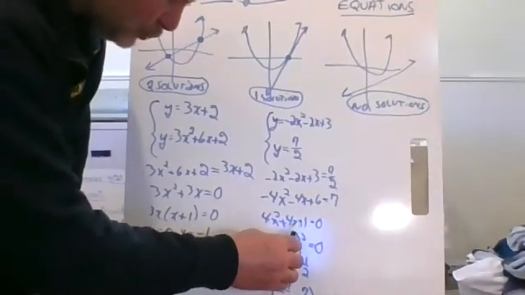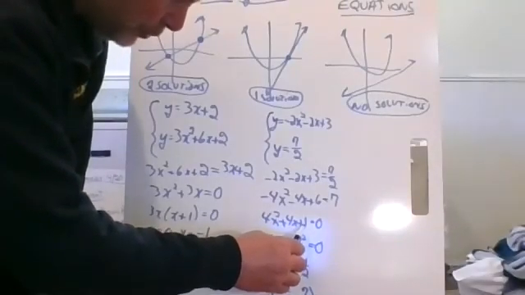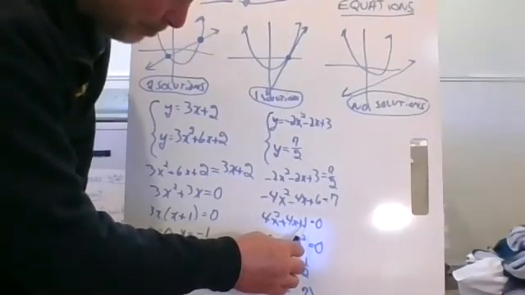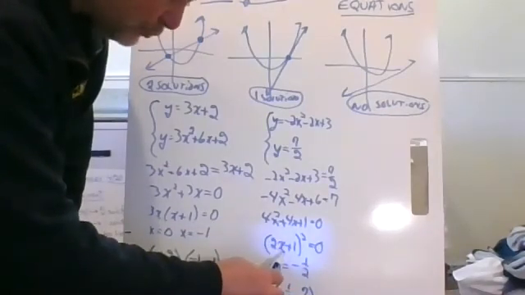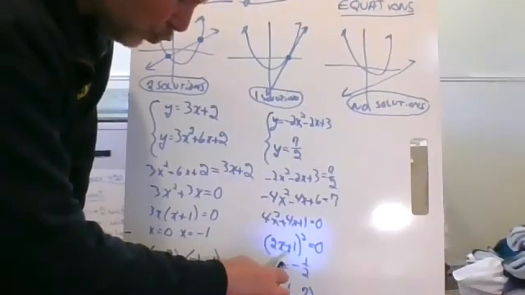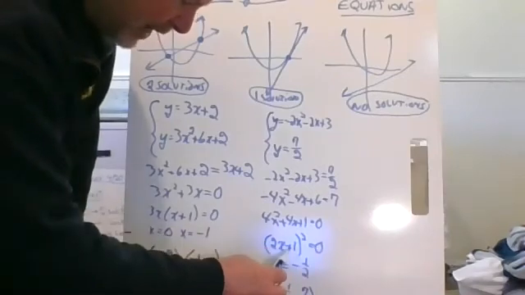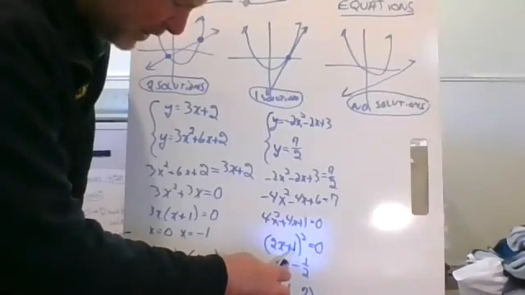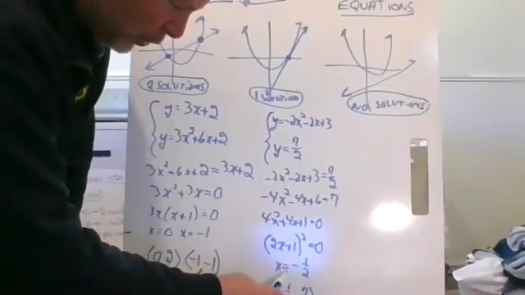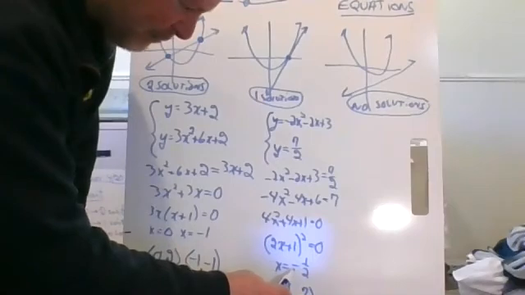And then this trinomial is a quadratic trinomial, and it happens to be a perfect square trinomial. It factors into 2x plus 1 squared equal to 0. And so you simply get 2x plus 1 equal to 0, which gives you x equals negative 1/2.